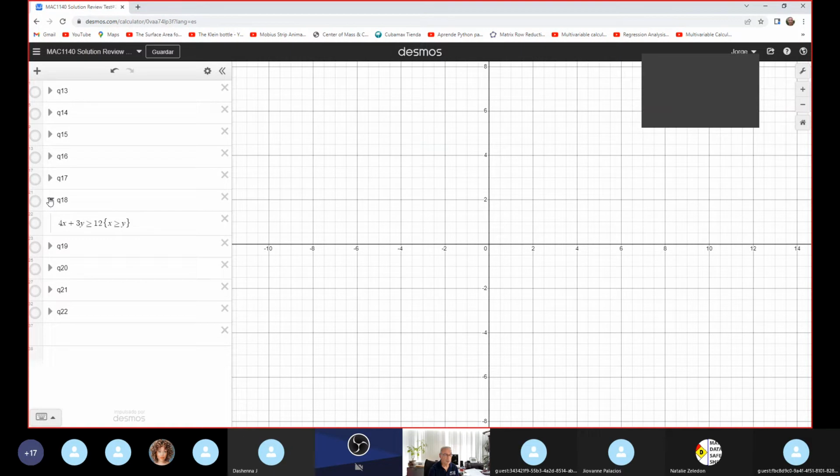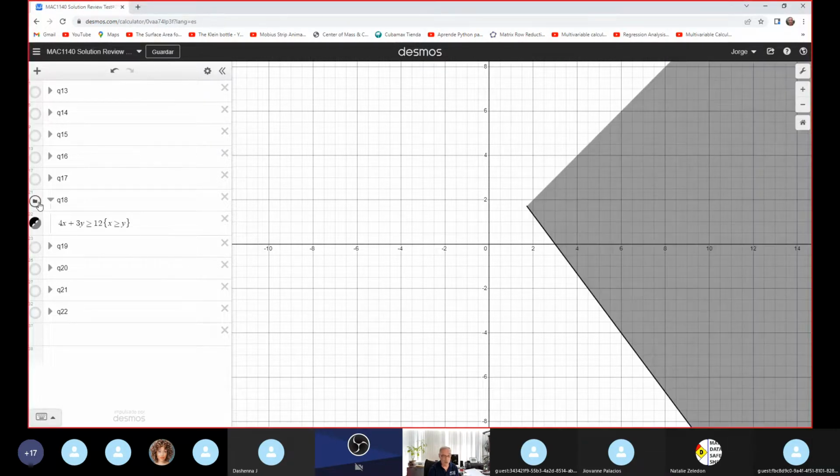What is the way to write it? You can write the inequalities separately, but it's not good. Much better, you copy one and include the rest of the inequalities using curly brackets. And Desmos understands that this is the intersection.